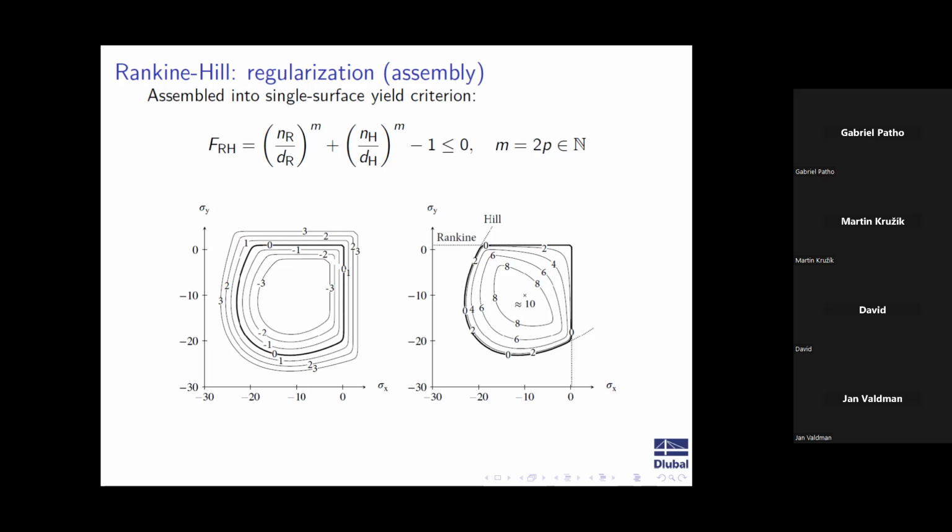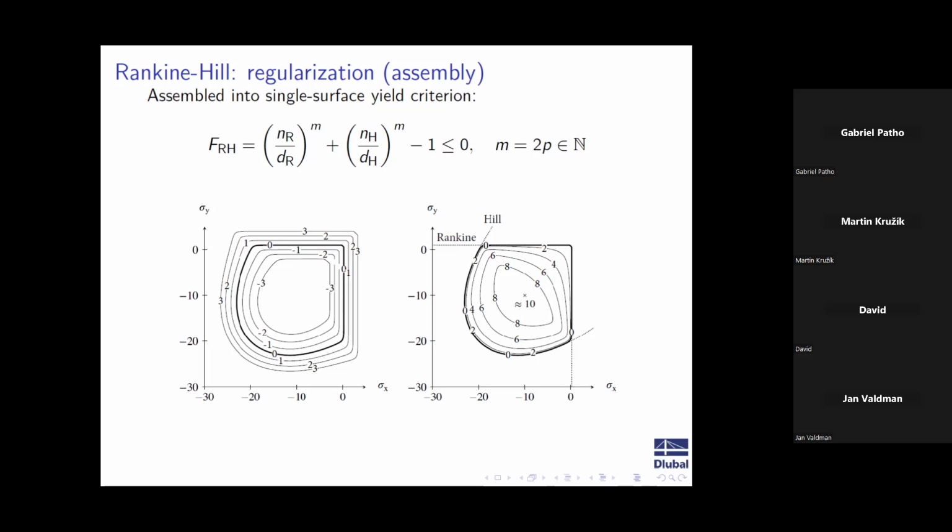You can see here some contour lines of my final yield surface, and these are again iso-shear lines. So this is in my third direction. How does it look?